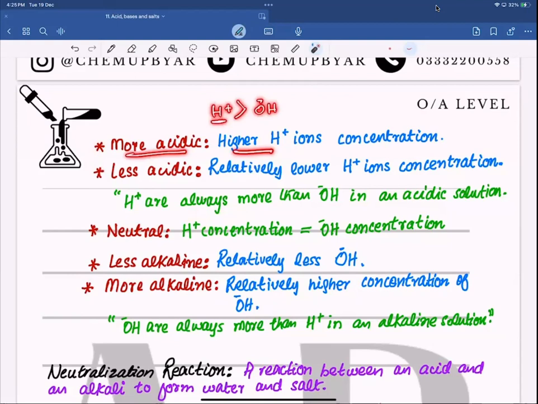And if it is greater but not in that large a quantity, then it is considered less acidic. It is the same for an alkaline solution. If the hydroxide ions are in a relatively lesser amount, then it's less alkaline or weak alkaline. And if it's more alkaline, then there will be a very large concentration of hydroxide ions in the solution. Okay, complete this.